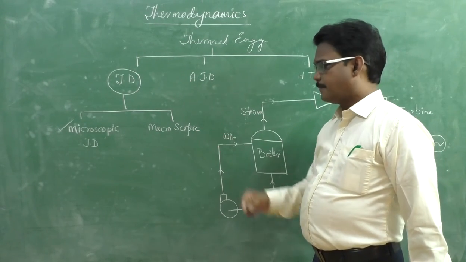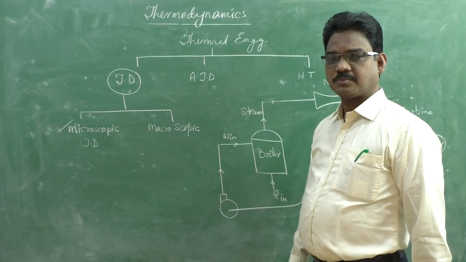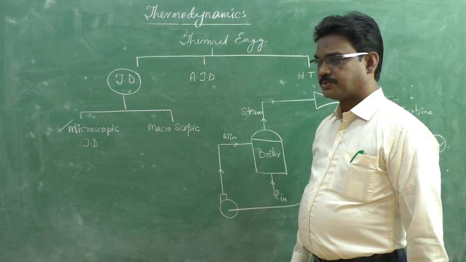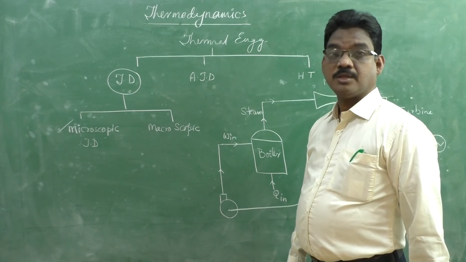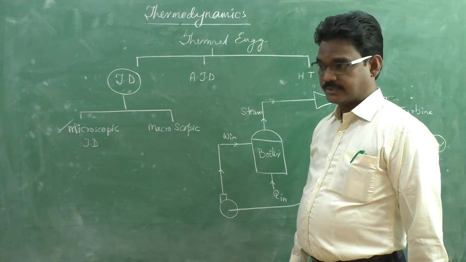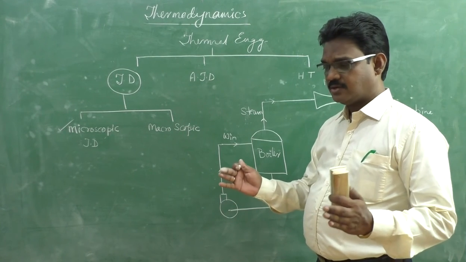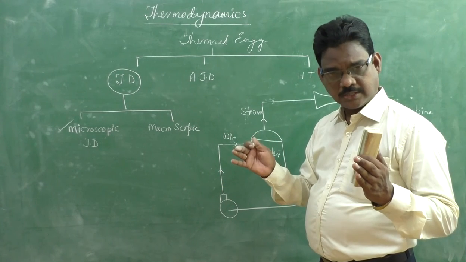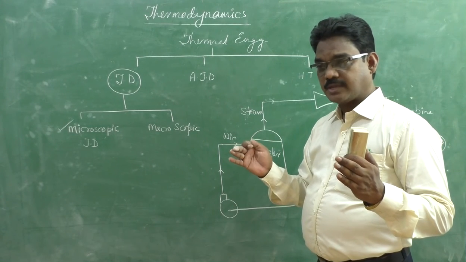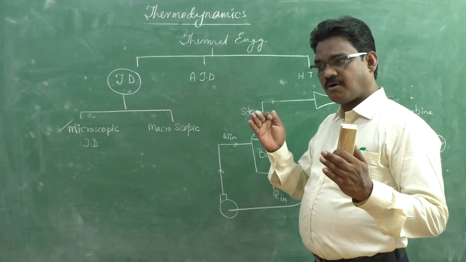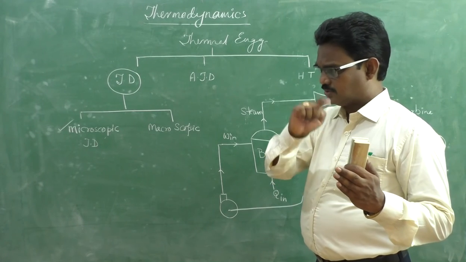Now come to macroscopic thermodynamics. What is macroscopic thermodynamics? In macroscopic thermodynamics, the concept of continuum we will consider. That means we will consider collectively some matter as one unit, and that matter is continuous matter, and the collective properties of all molecules of that matter are considered as one unit.